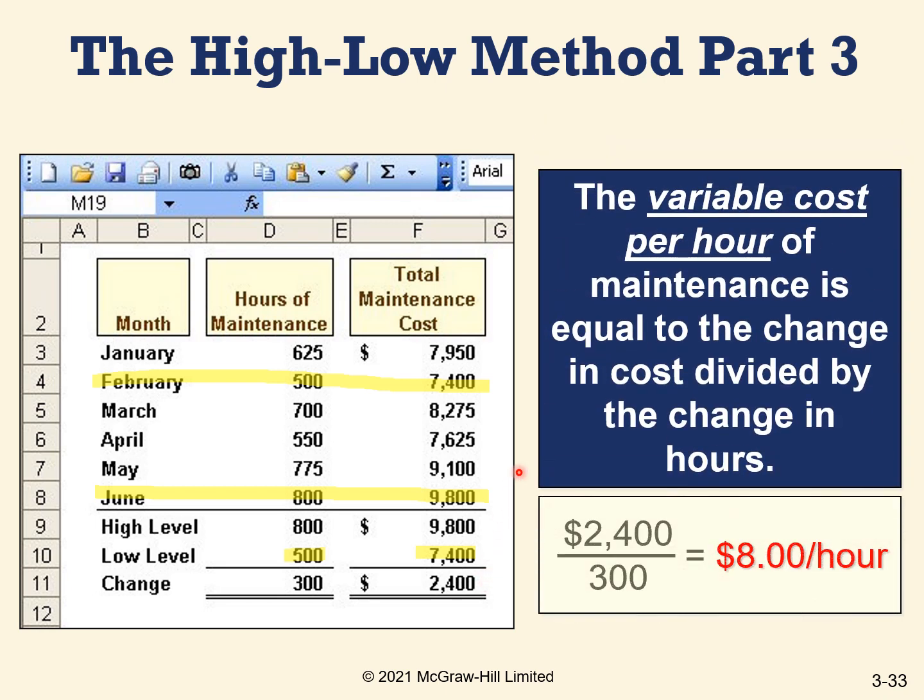So the variable cost per hour of maintenance is going to be equal to the change in our cost, this $2,400, divided by the change in our hours. So our $2,400 divided by our change in hours of 300, we can figure out our variable cost per hour is $8 per hour.